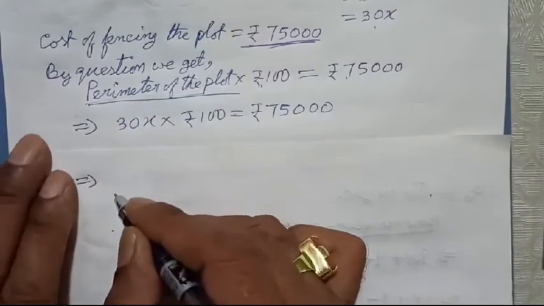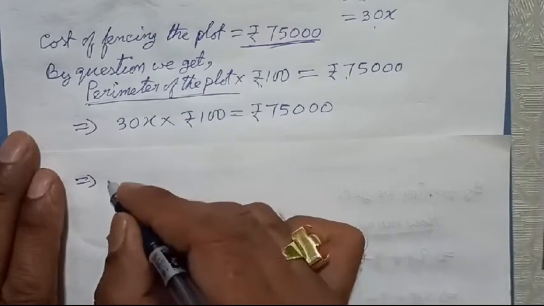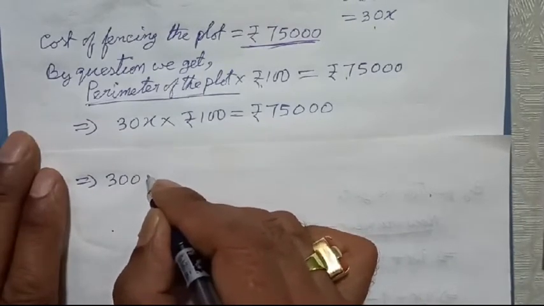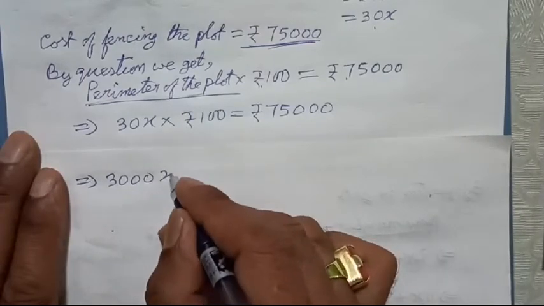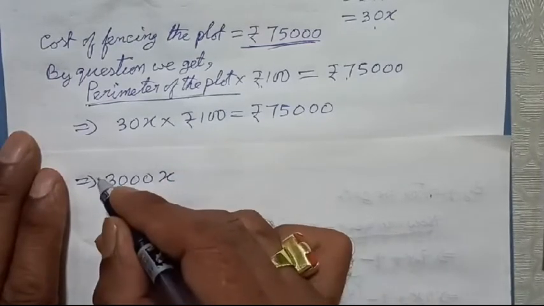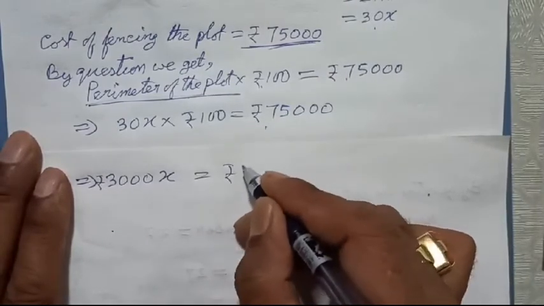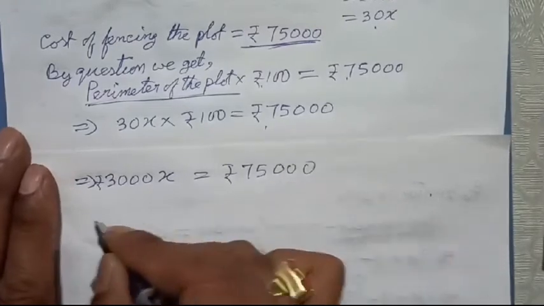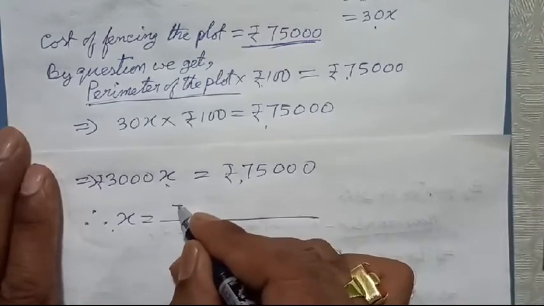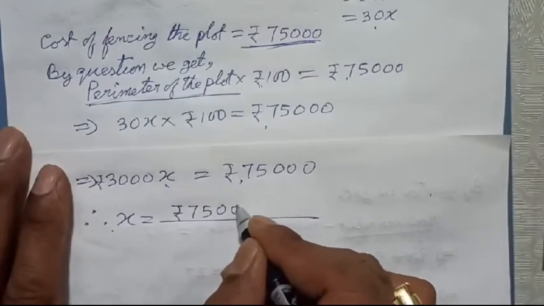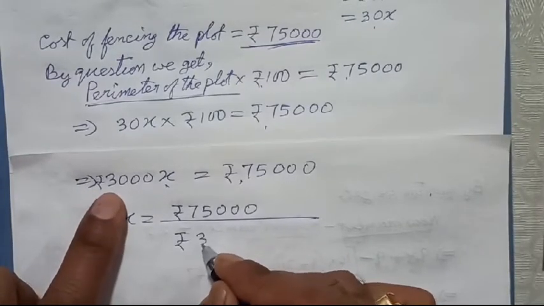This implies that 30x multiplied by 100 is 3,000x is equal to 75,000. Therefore x is equal to 75,000 divided by 3,000.